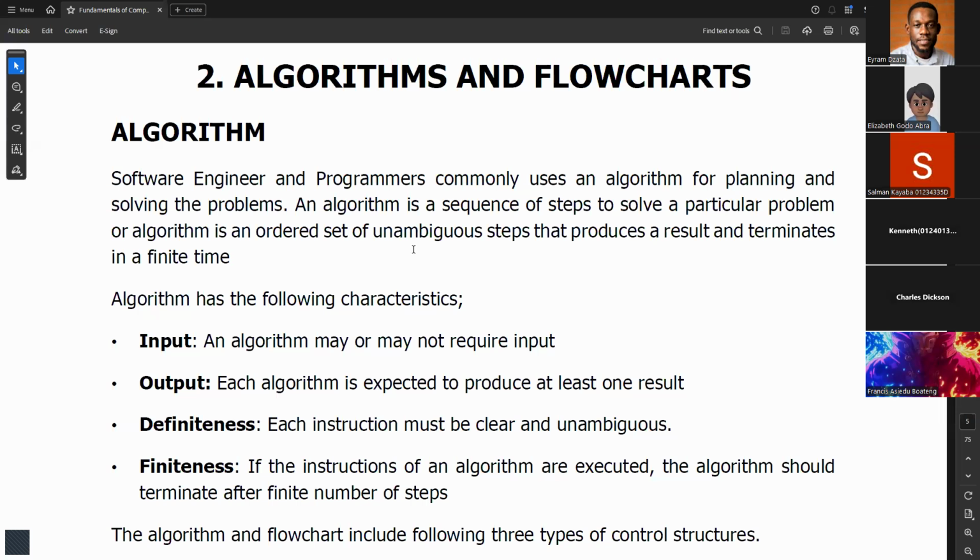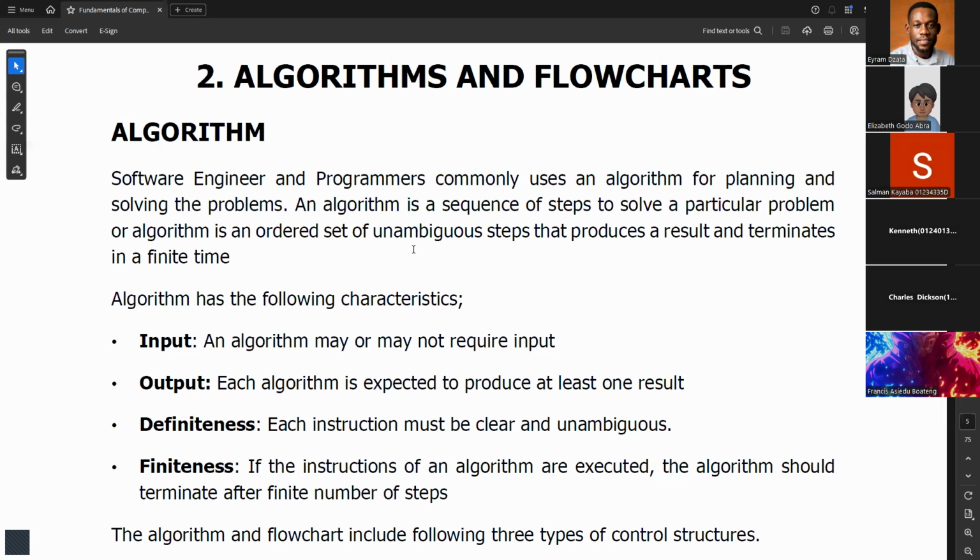the first thing you need to understand is that programming is about problem solving. And how do we solve problems? We solve problems in programming by means of coming up with algorithms.